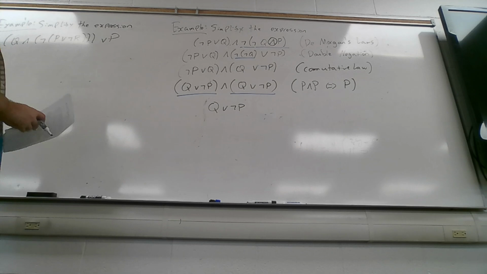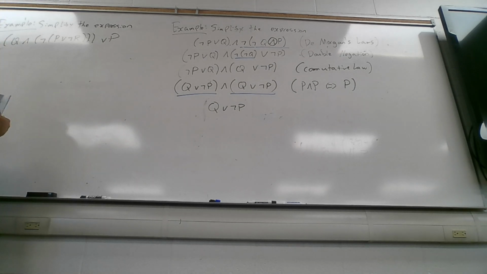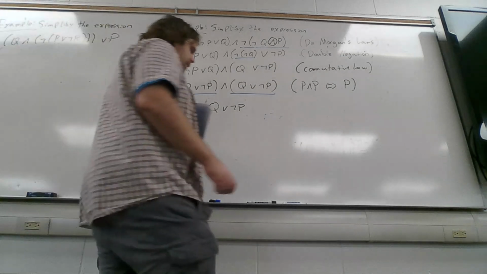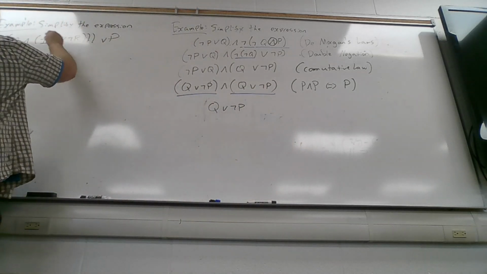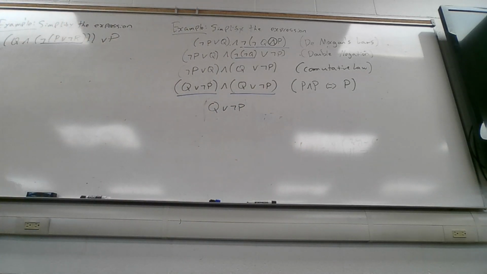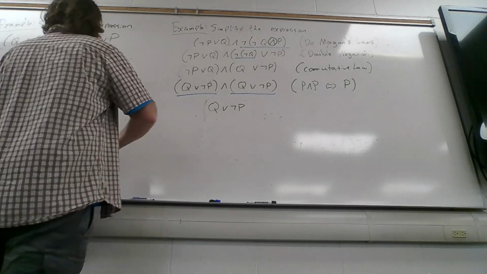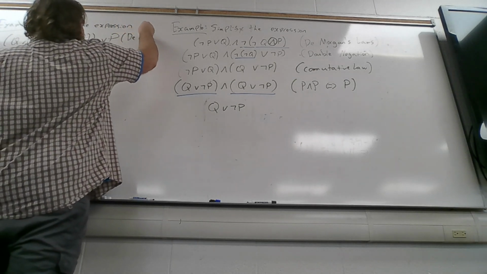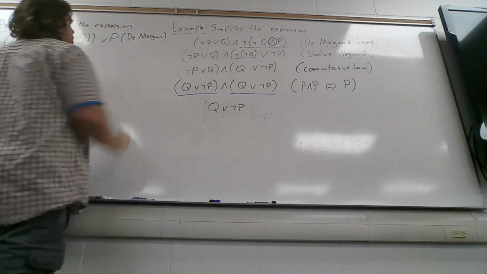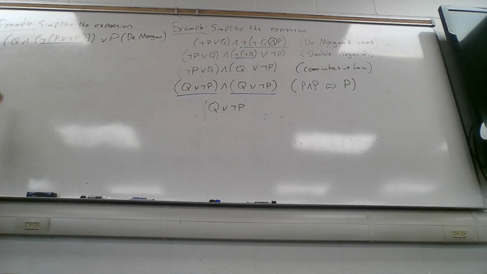Okay, so we've got that same situation happening here. We have negation outside of some brackets. So our first instinct is let's distribute that in with De Morgan's law. Simplify that. So what do we get?